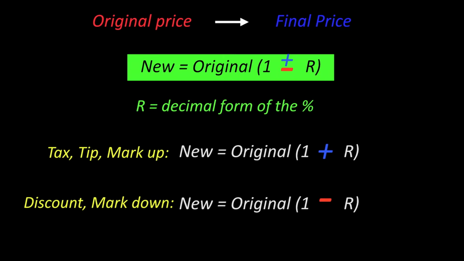Now, we're going to use the plus version of the formula when we're dealing with a situation where the final price is going to be higher than the original, namely a tax, tip, or markup situation. When the price is going to be lower, namely with a discount, then we are going to use the minus version.